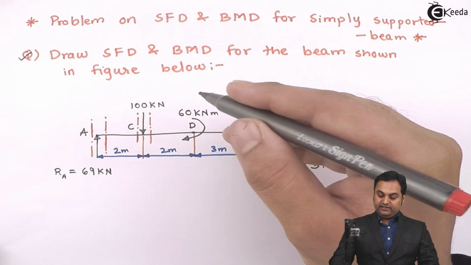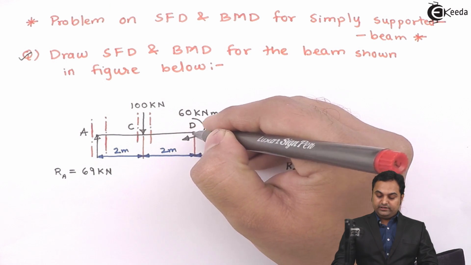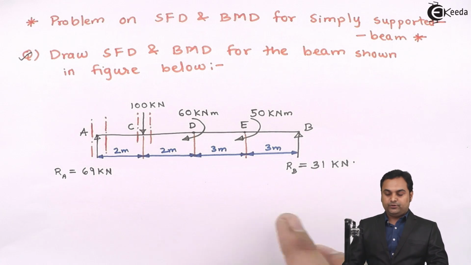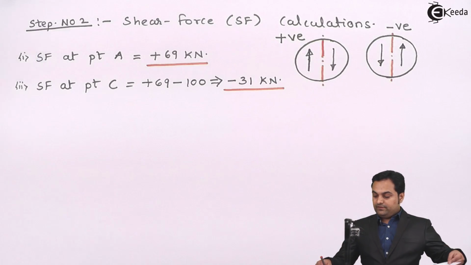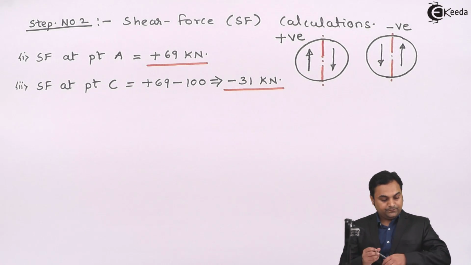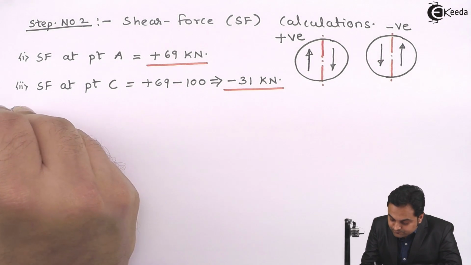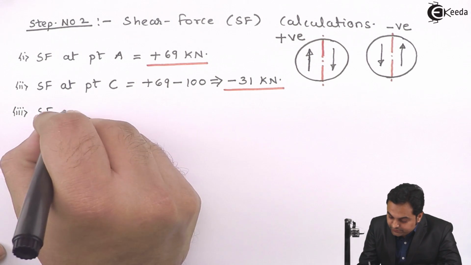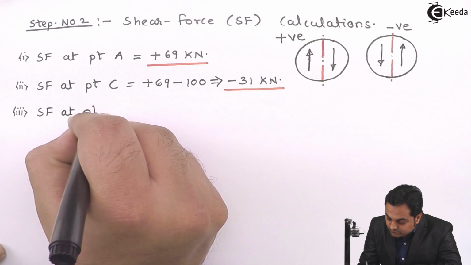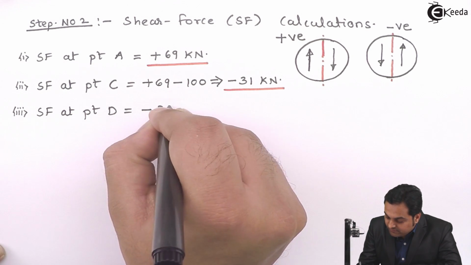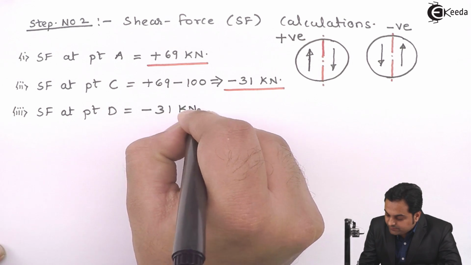So if I am taking the section to the left of D, it will give me the same value as the shear force at point C. So since there is no load between C to D, the shear force will remain constant. So therefore SF at point D is equal to the same value, minus 31 kilonewton.